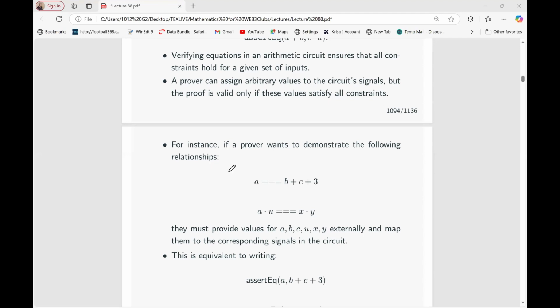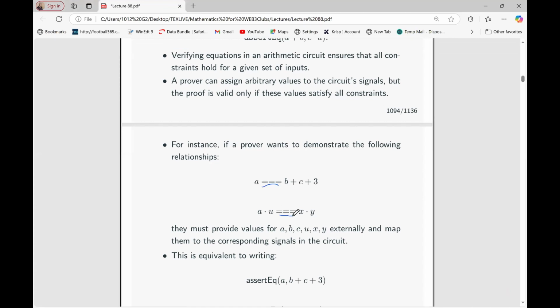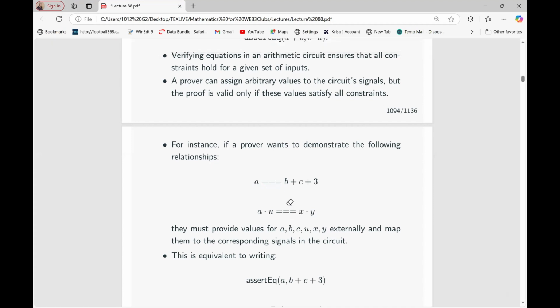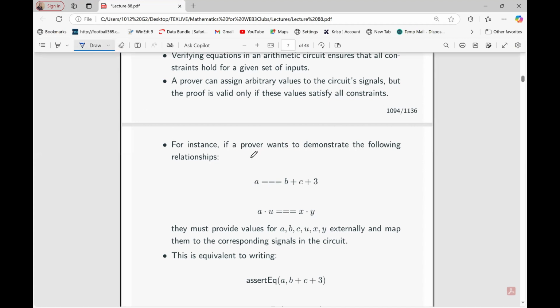So I was saying that this is the equality that we talked about. Again, just to emphasize this, because we'll be writing this in Rust, we need to know how we'll be writing the equality. Supposing the prover wants to demonstrate that it knows what A is, what B is, what U is, what C is, and we have these as the constraints.